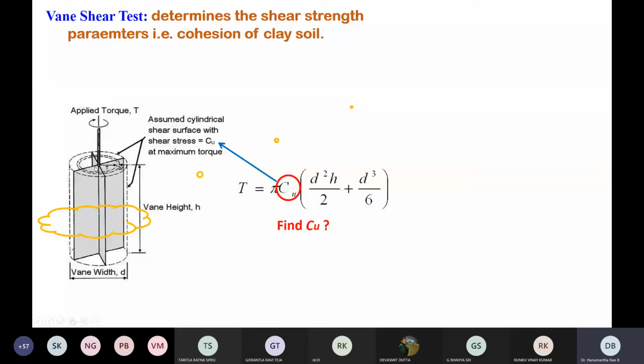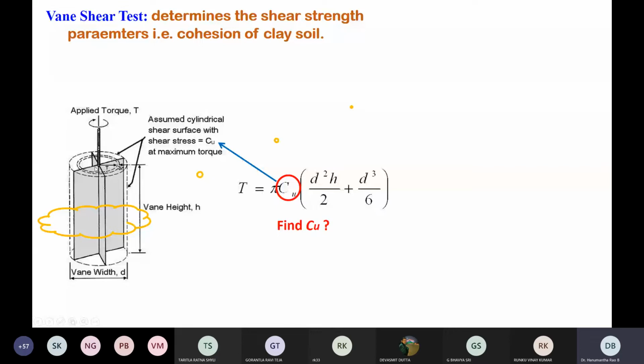Each blade or each side is offered resistance by the soil sample. This resistance is measured in the form of cohesion and angle of internal friction. But the vane shear test usually gives you only the cohesion of the soil sample. It will not give you the angle of internal friction.